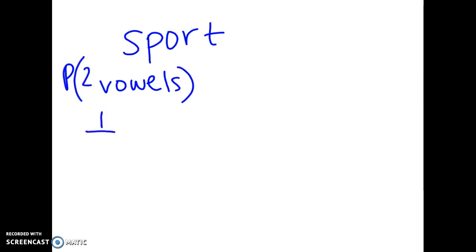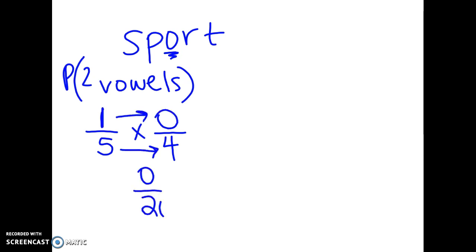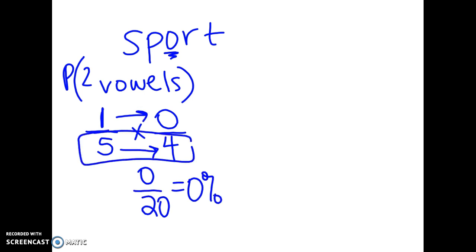Well, there's 1 out of 5 that are vowels, and if I took that one out, there's now only 4, but is there any other vowels in here? No, so that would be a 0 out of 4 chance, because I took the 1 out that was there. When you multiply that, you're going to get 0 out of 20, which is 0%. This is a dependent event because we did not replace it.